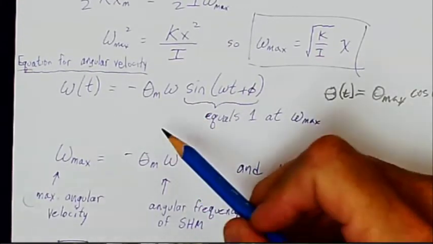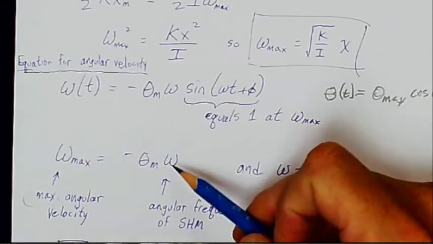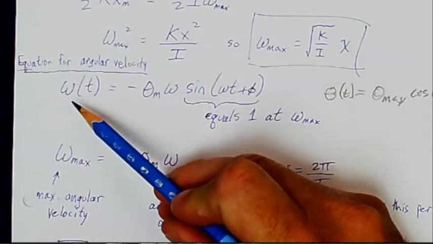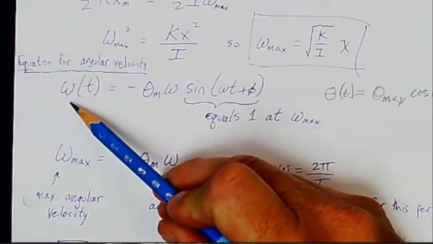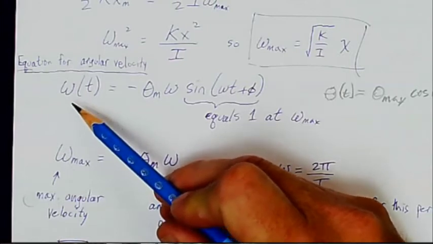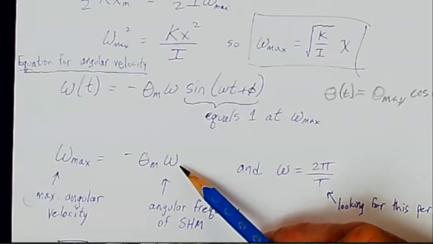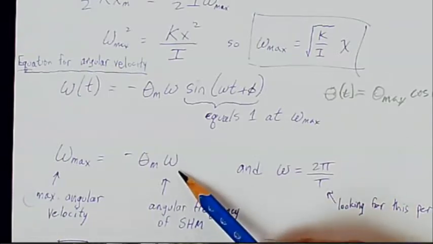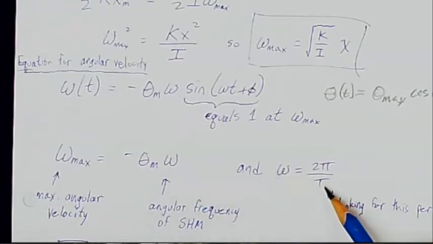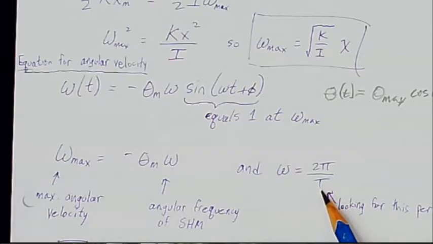We've got the omega variable in the equation twice, but it stands for 2 different things. Over here, this is the angular speed of the rotating cube, and over here, this omega is the angular frequency of the simple harmonic motion that the cube is undergoing. And for angular frequency, I know that is equal to 2 pi over T, and that T is the period of the oscillation. This is what the problem is asking me to find.